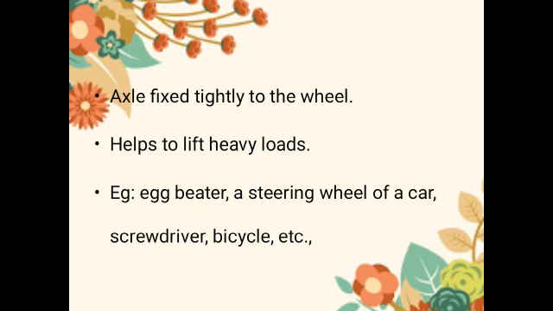Here the axle is fixed tightly to the wheel. The axle is nothing but the rod. It enables us to lift heavy loads. The examples are egg beater, steering wheel, screwdriver, bicycle, etc.